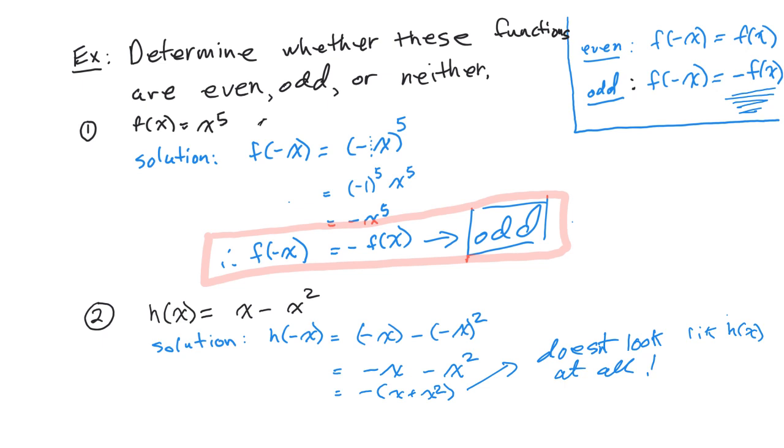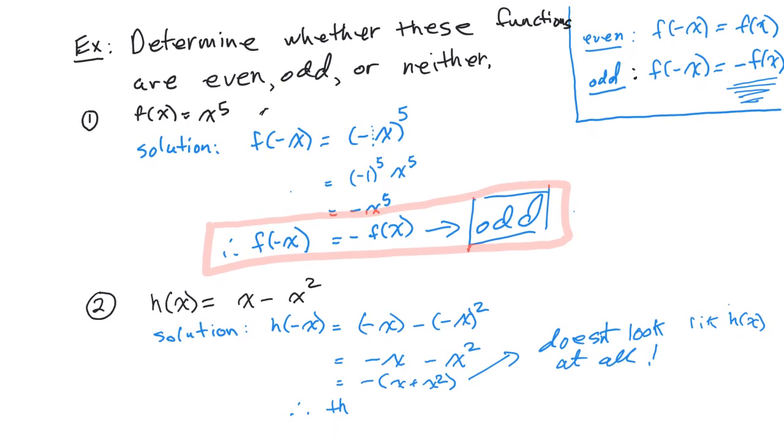So once we cannot change it to either f(x) or -f(x), we automatically say that this is neither. I think I spelled neither wrong. It's neither odd nor even. Take a moment and copy that down.